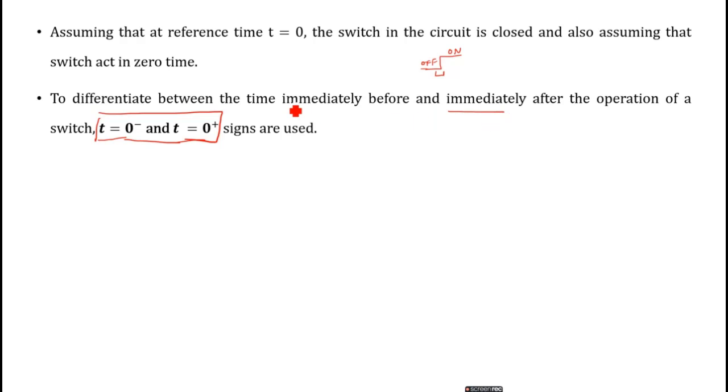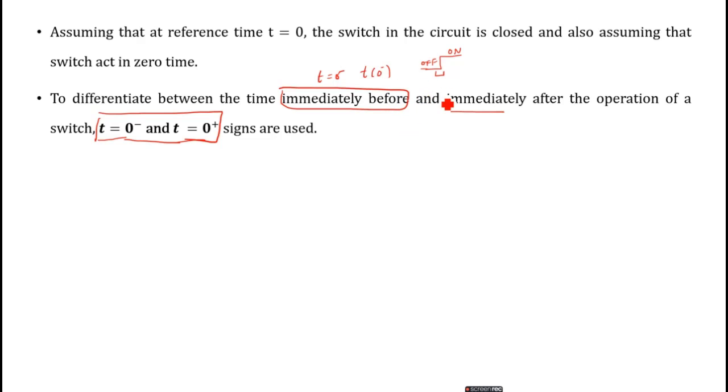Immediately before switching is always called t is equal to 0 minus, or t of 0 minus. Many symbols can be used here.